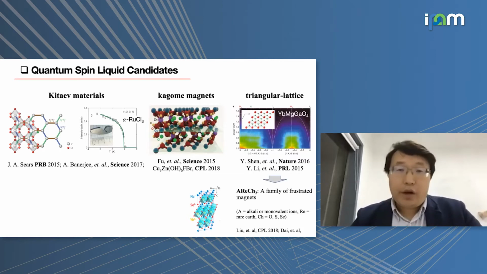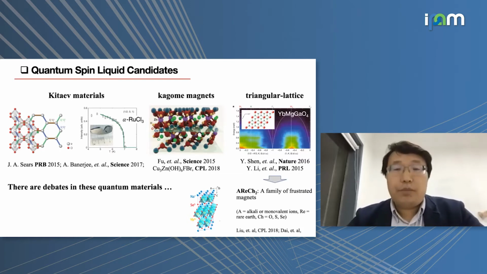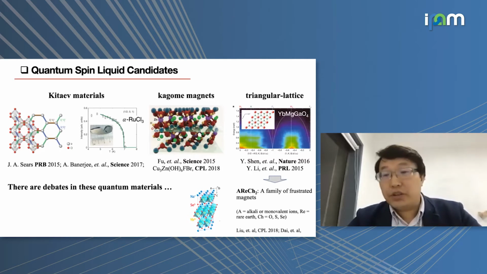However, for each of these compounds, there are still a lot of debates. Up to date, there's no solid evidence that we have found quantum spin liquids in these realistic compounds. One reason is because these compounds are complicated.